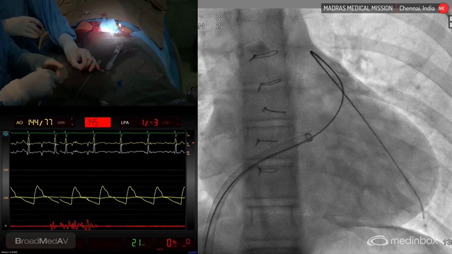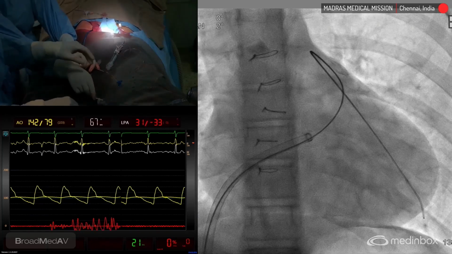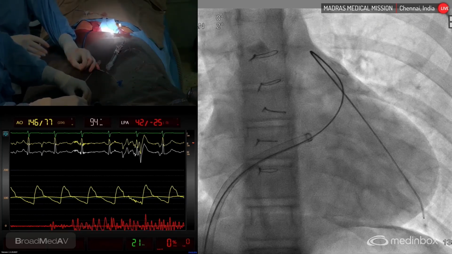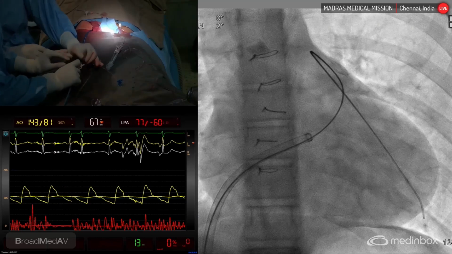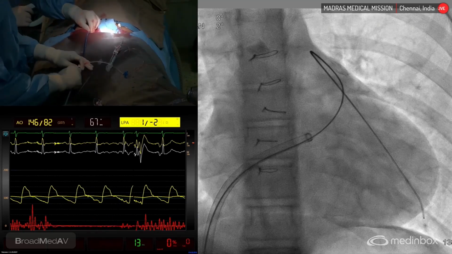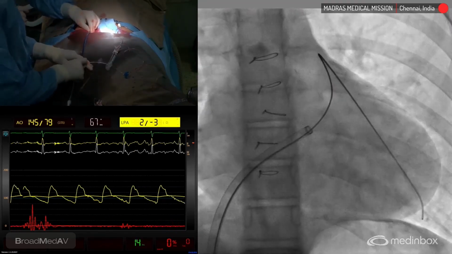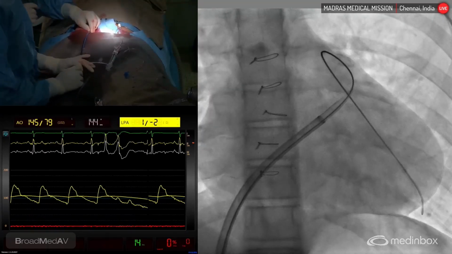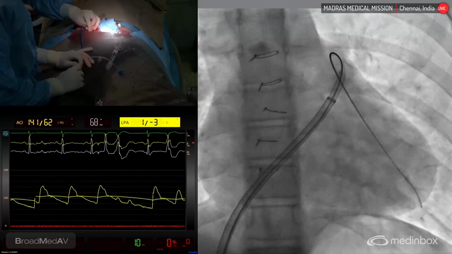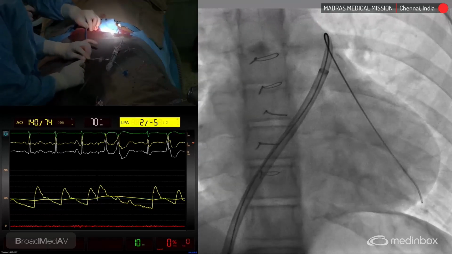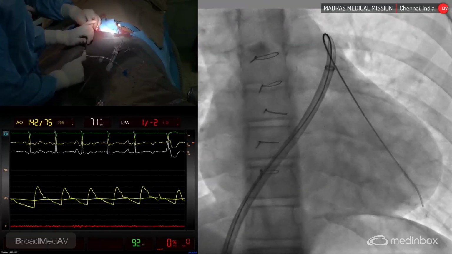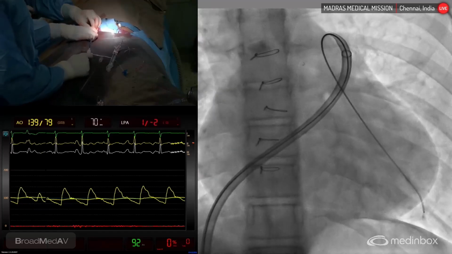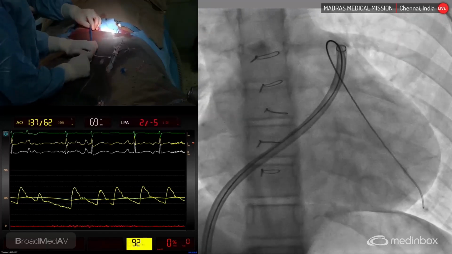Can you control the wire there? So this is a single lumen dilator which I am advancing across the outflow tract. Leave the wire.